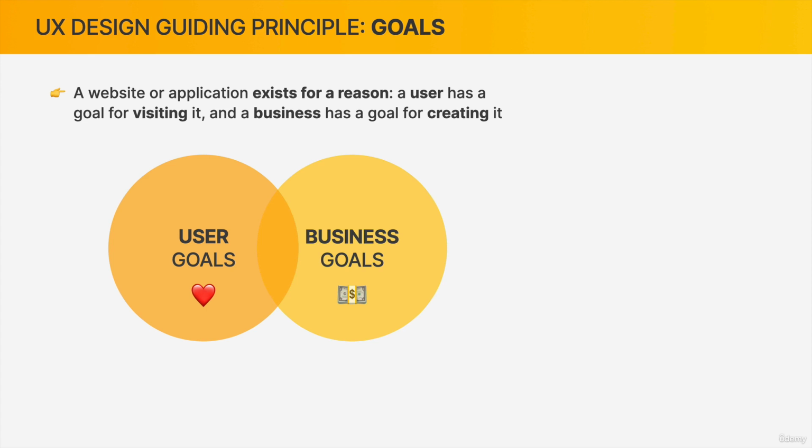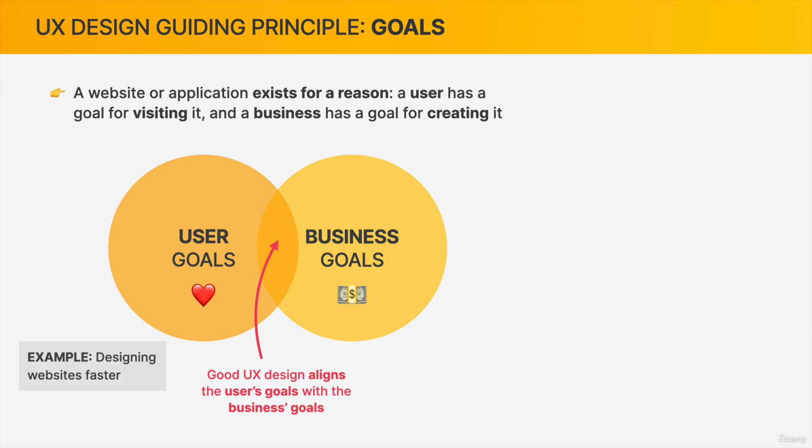And this is extremely important because basically all that UX design is for is to align the user's goals with the business goals. Or in other words, the goal of UX design is to fulfill both the goals of the user and the business.